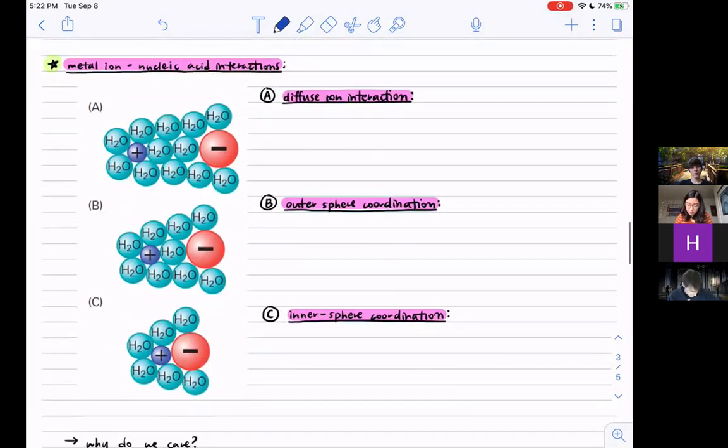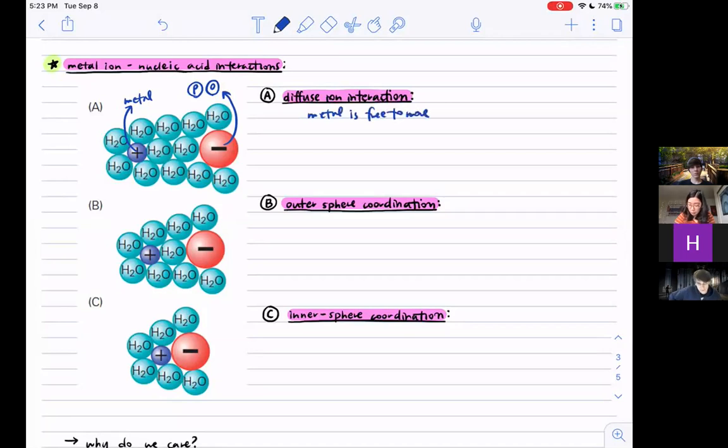These are the different kinds of metal ion nucleic acid interactions that you can have. Here is the metal cation, and here is the phosphate oxygen, so it's negatively charged. In the diffuse ion interaction, your metal is free to move.